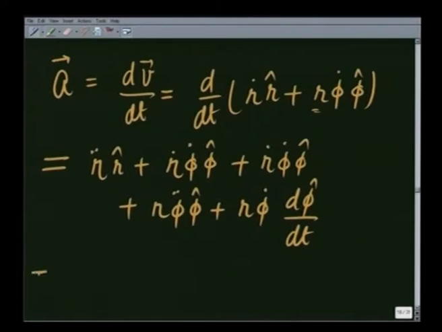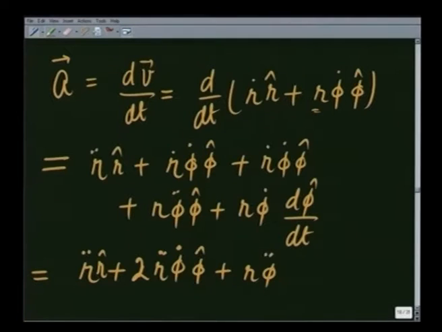Collecting all terms together, you will see this comes out to be r double dot in r direction, r dot phi dot in phi direction, plus r phi double dot in phi direction, and d phi by dt, recall, is minus phi dot r.